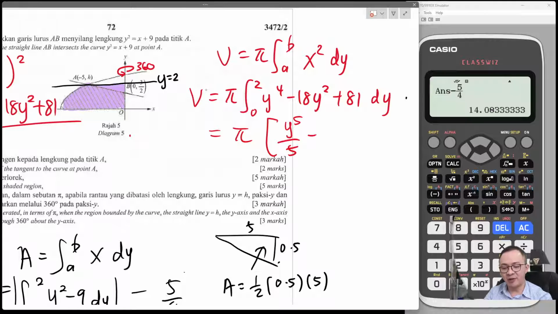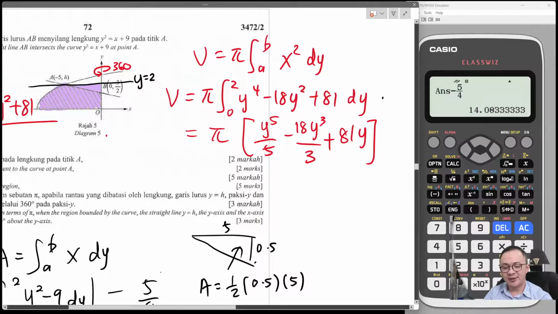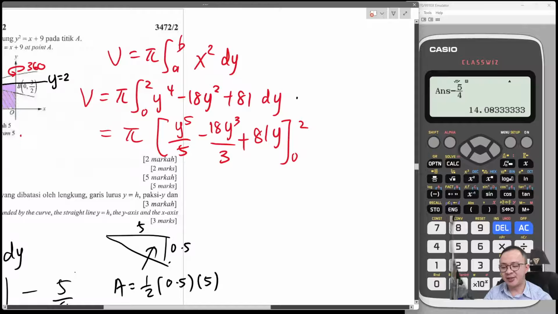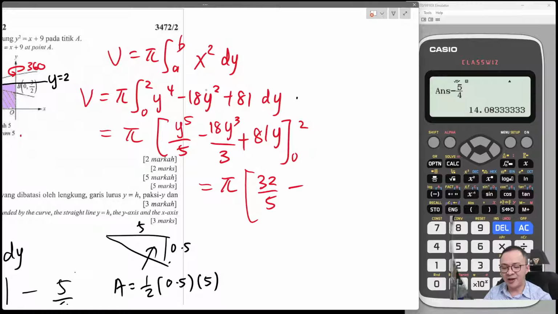Divide by total power you have. And then y power of 2 plus 1 become 3. Divide by 3. Number only, add a y for it. Then this is 0 and 2. So basically you sub the 2 into it and then you minus it sub the 0 lah. So sub the 2, you get 32 over 5 minus 18, 8 over 3 plus 81, 2.